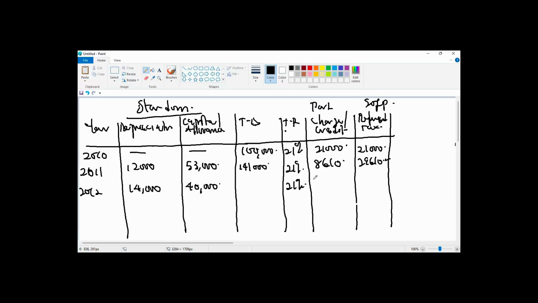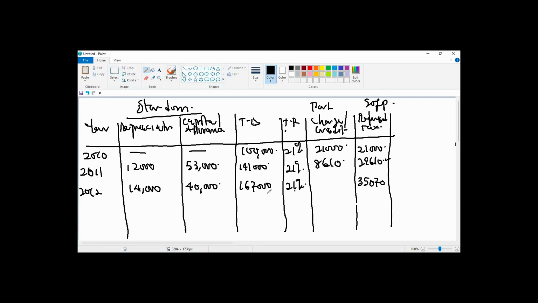Or I can say 26,000 plus 141,000 gives 167,000. Times 21% gives 35,070. Minus the opening 29,610, you get your charge of 5,460. I subtract this to get this.